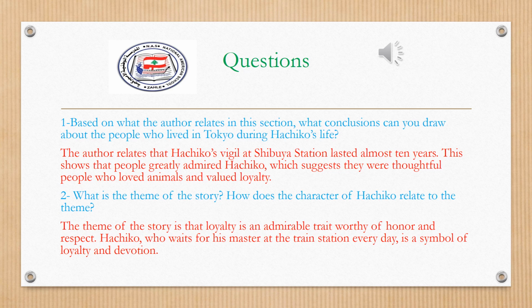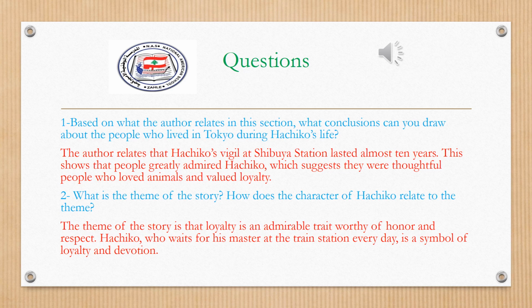Let's answer the questions related to pages 158, 159. Number 1. Based on what the author relates in this section, what conclusions can you draw about the people who lived in Tokyo during Hachiko's life?